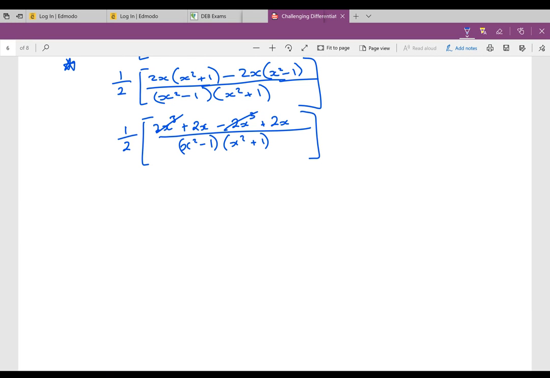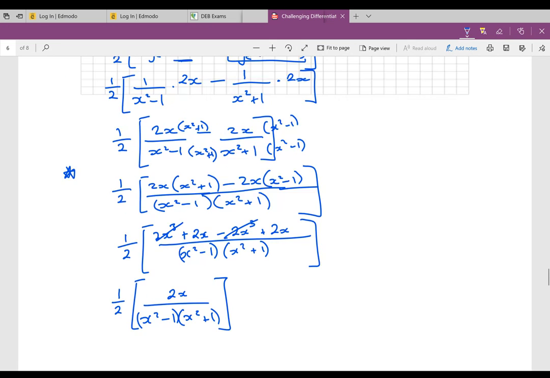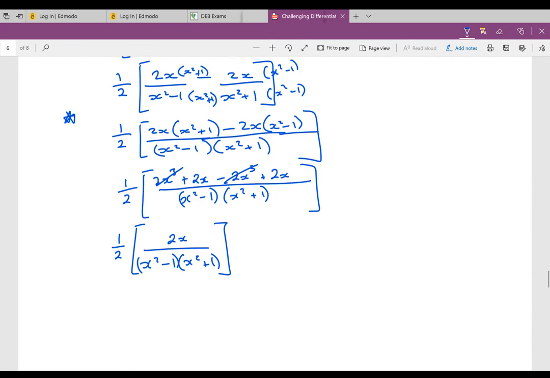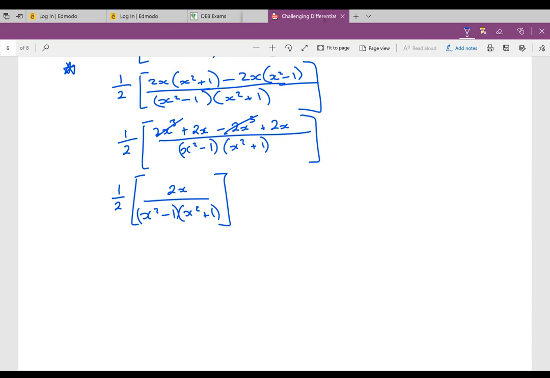Sorry, apologies, the top line should be 4x. A half cancels with the 4. That leaves me with 2x over (x squared minus 1)(x squared plus 1).